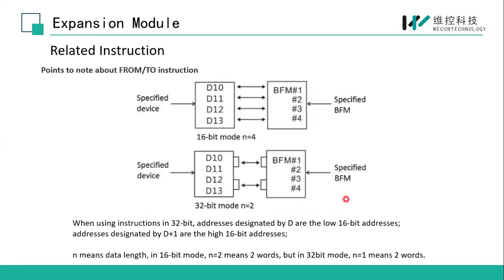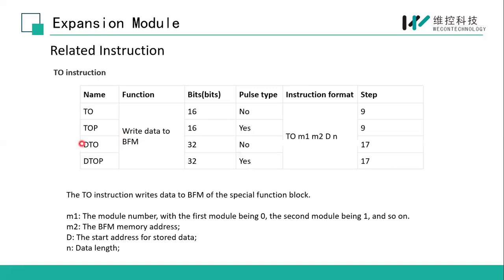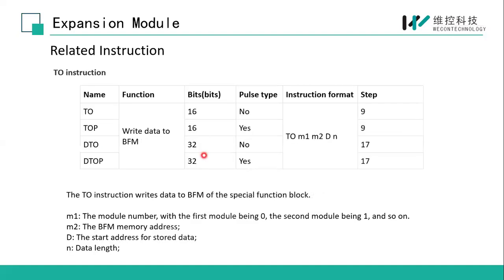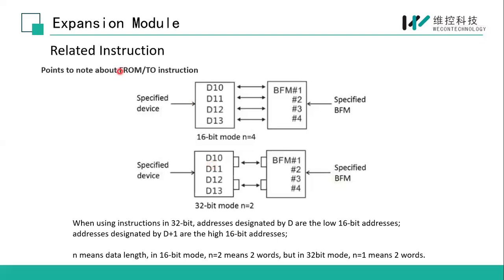And as you can see, there are different types here: TO or DTO. D here means the 32-bit instruction. So if we just use FROM or TO without D, and the length I set here is 4, it means BFM1 to 4 transfer to D10 to D13.